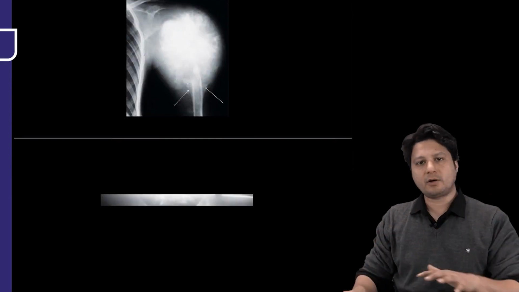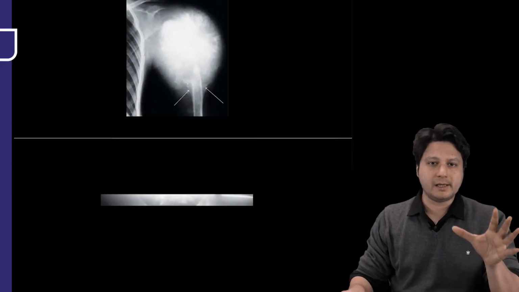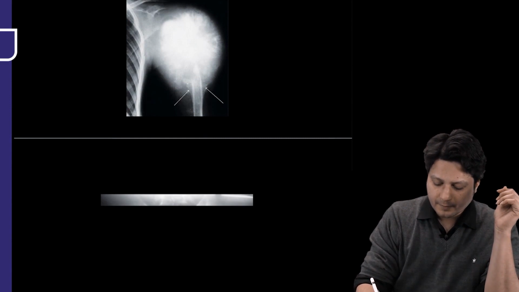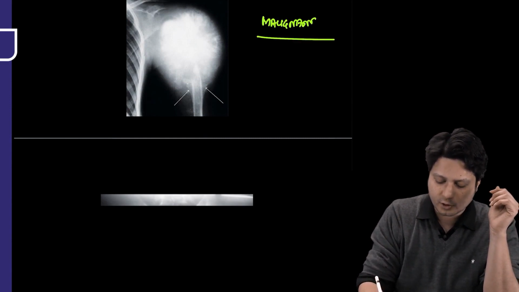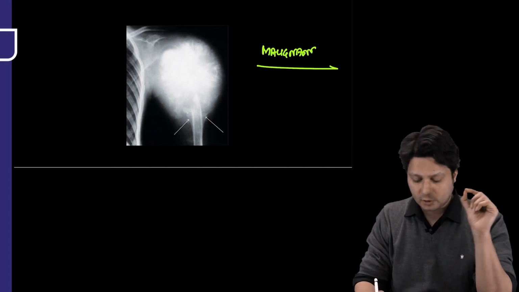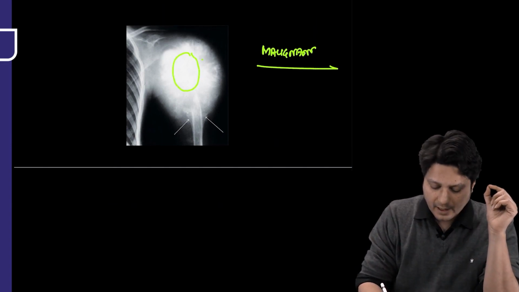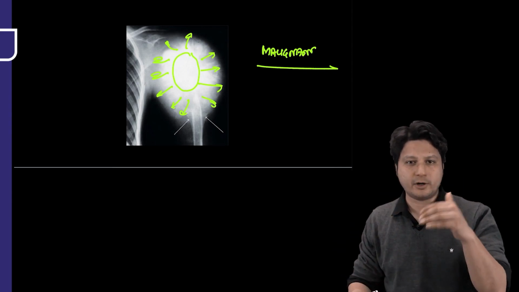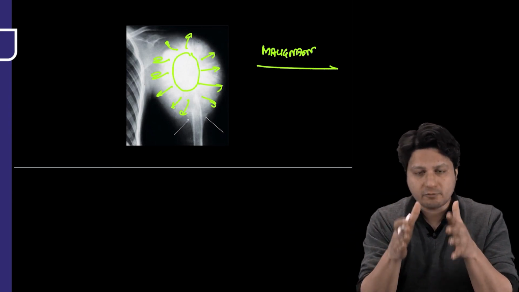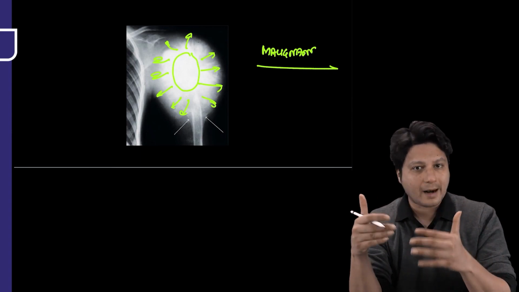Now, for this particular X-ray, one thing which is very much clear is that you are looking at a malignant tumor. This tumor cannot be a benign tumor, it is a malignant tumor. Now, this is a kind of malignant tumor which has got a central core and then it is peripherally spreading. Now, the spreading part of the tumor is relatively radiolucent while the central core is radiodense. And this is exactly what we have studied in case of osteosarcomatous tumor.